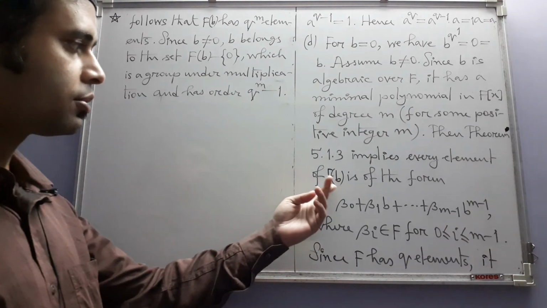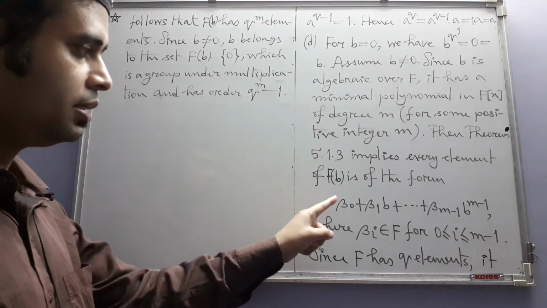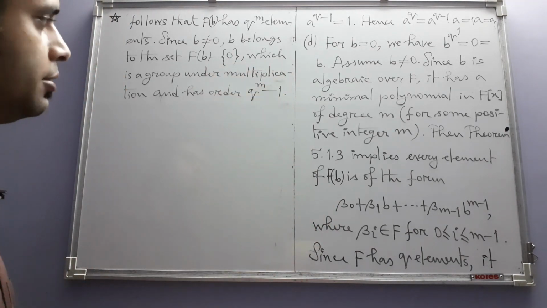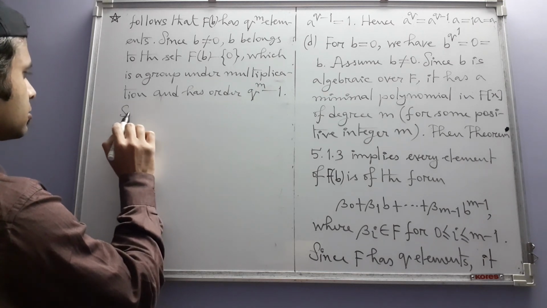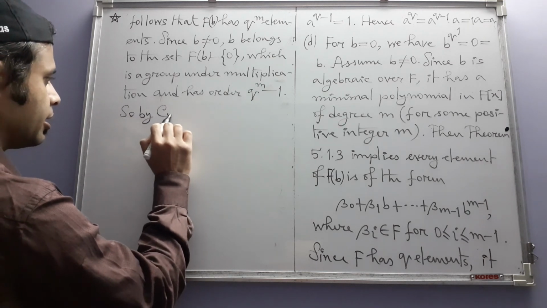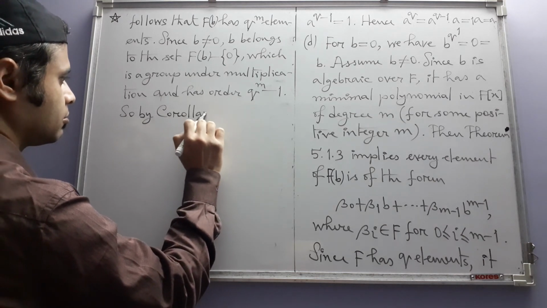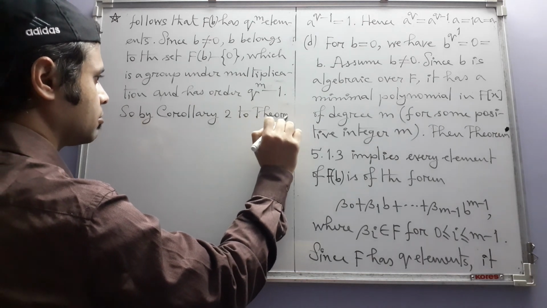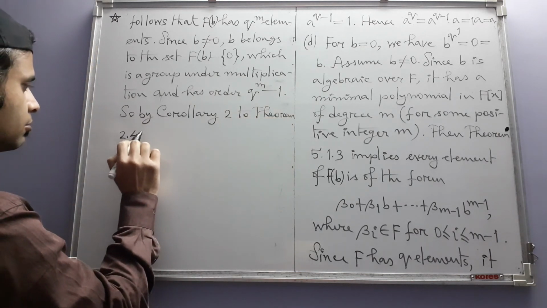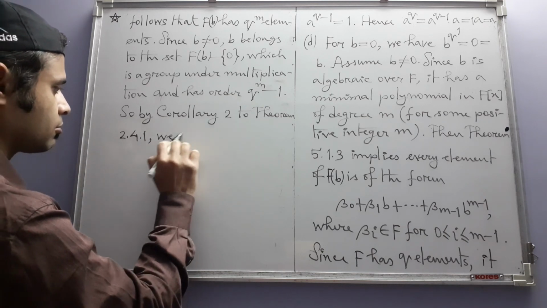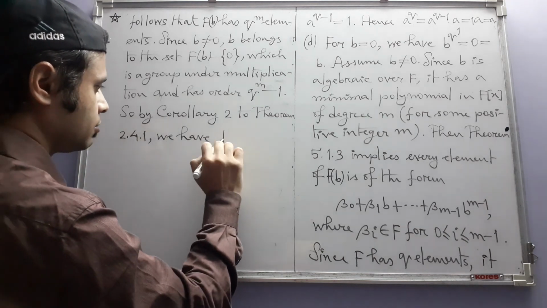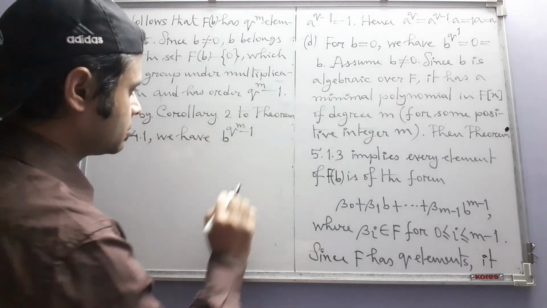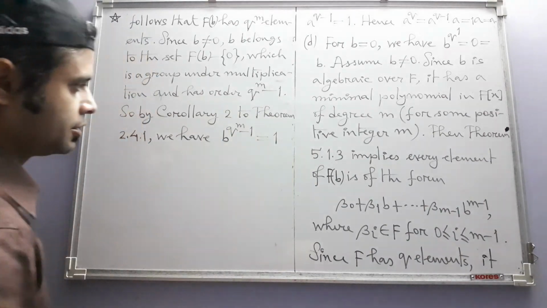And b of course is in F(b). Note that b is not necessarily in F, b is an element in K, the extension. So by that corollary, due to Lagrange's theorem, we have b to the power the order of the group is equal to the identity element, which is 1.